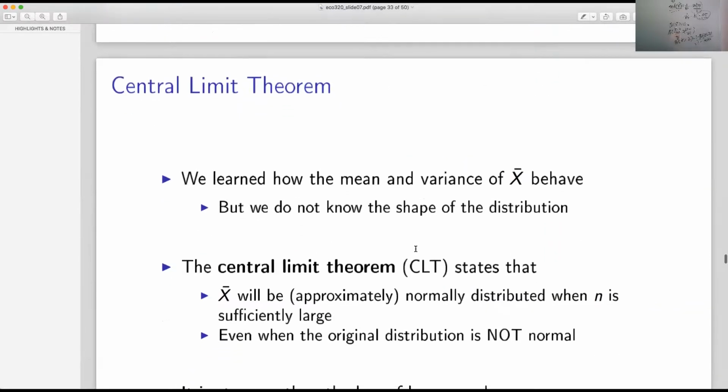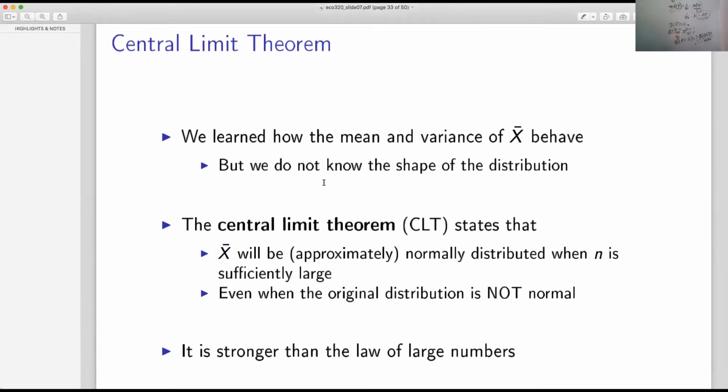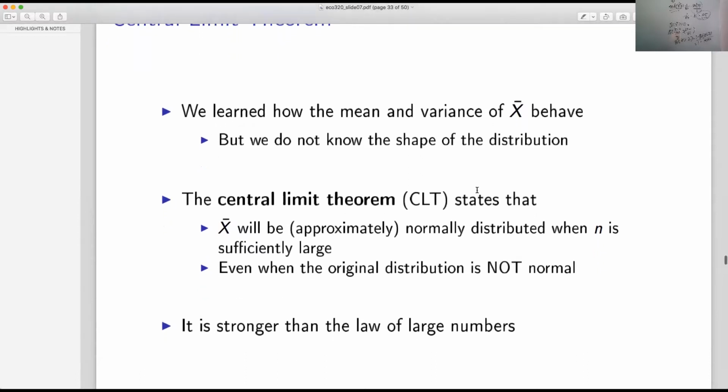So, okay, central limit theorem is another very important theorem. We learned how the mean and variance of X bar behave, but we do not know the shape of the distribution, right? So the central limit theorem, which is one of the most important theorems in statistics, along with the law of large numbers, states that X bar will be approximately normally distributed when n is sufficiently large.